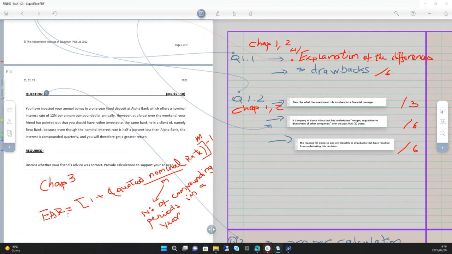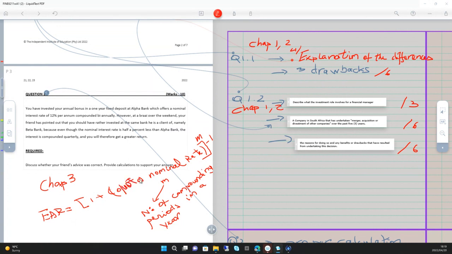The effective annual rate. Obviously, this question is related to chapter 3 and the section on the effective annual rate, and this formula, but there was a bit of a mistake with this formula in your textbook, and that's why I'm writing it here again, which I should not do, because it's almost like I'm giving you the answer, but it is what it is. Oops, sorry.